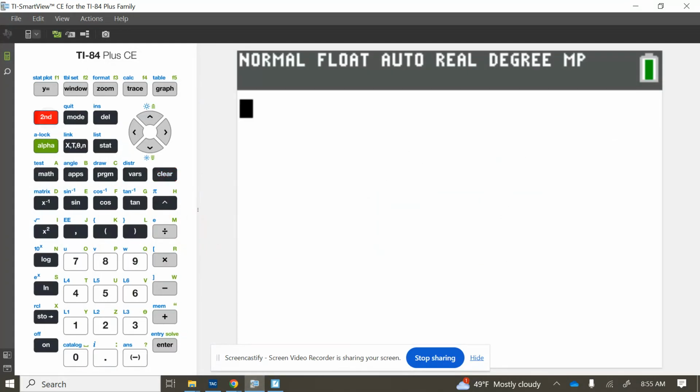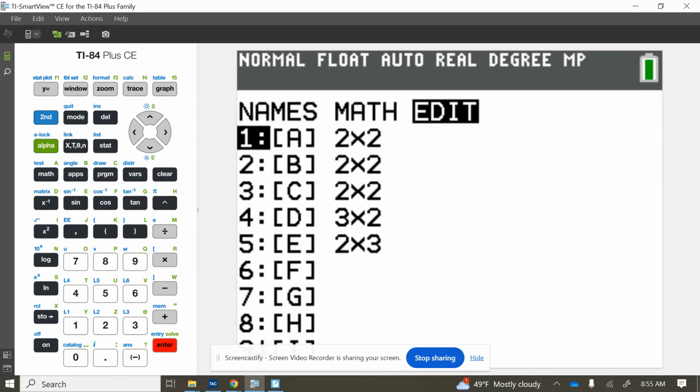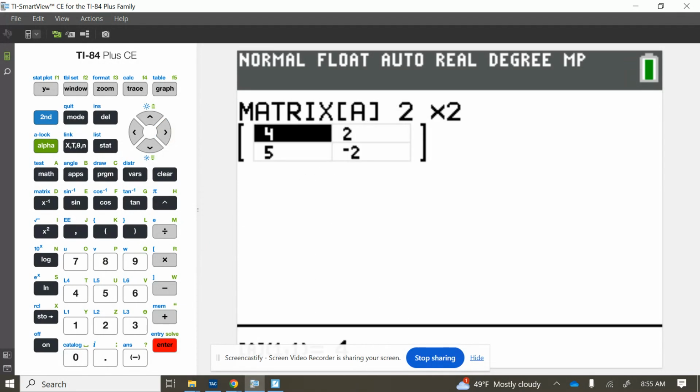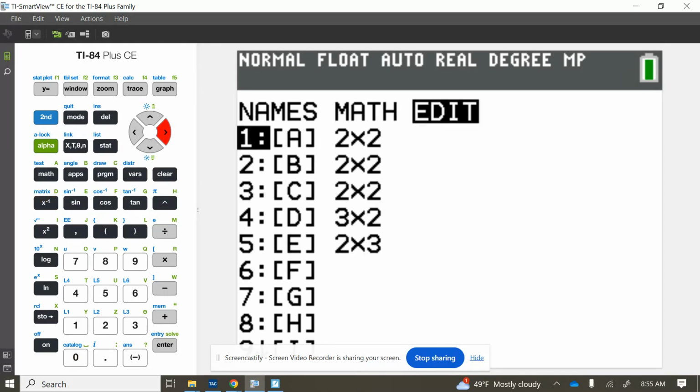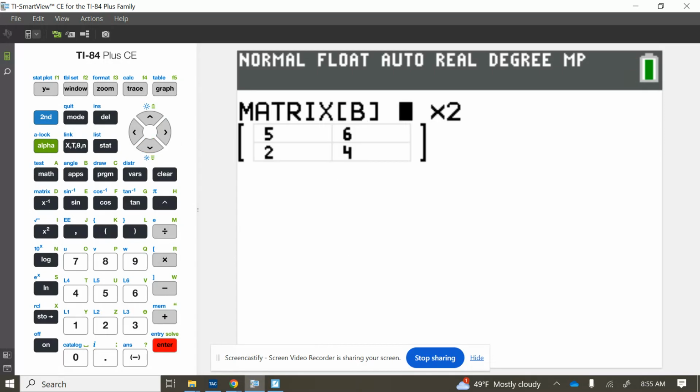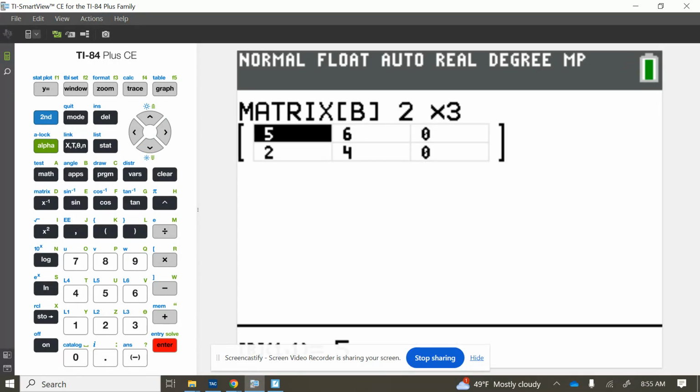Now we can take our calculators and help us out with these rotational matrices. So we're going to edit. Matrix A is a 2 by 2, and we can type in cos 90, sine 90, negative sine 90, and cos 90. And we will get our rotational matrix. Then matrix B, we can edit to be that 2 by 3 matrix: 1, 3, 5 for row 1, and 2, 4, and 1 for the second.